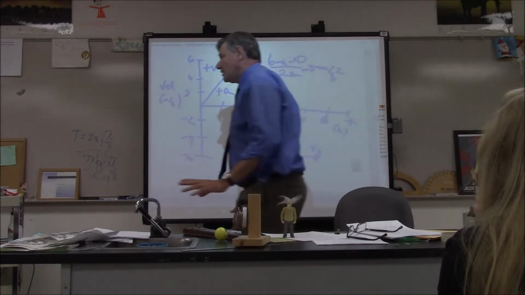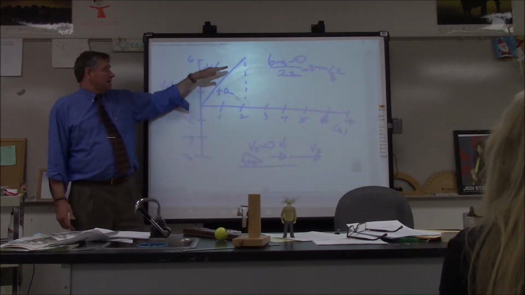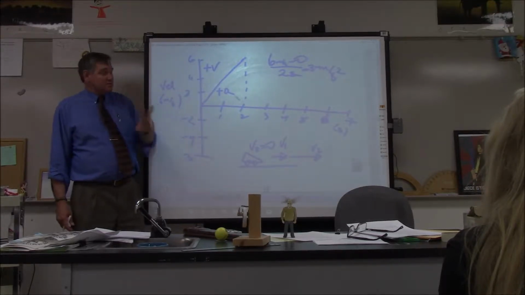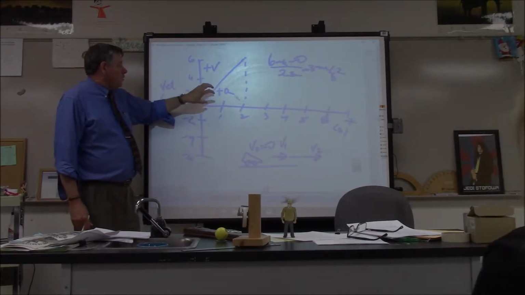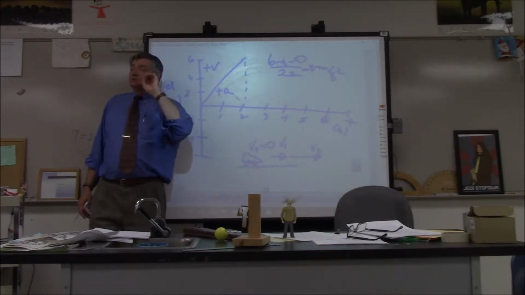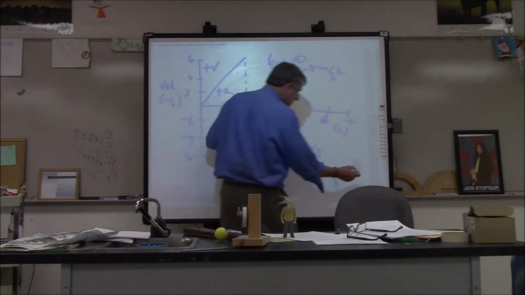Now, here's the deal. Notice that I have positive acceleration and positive velocity and I'm speeding up. So here's the next golden rule. Whenever acceleration and velocity have the same sign, you speed up. Whenever they have opposite signs, you slow down. So let me write that up.